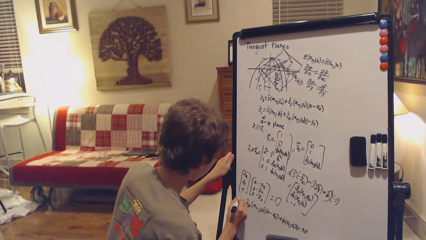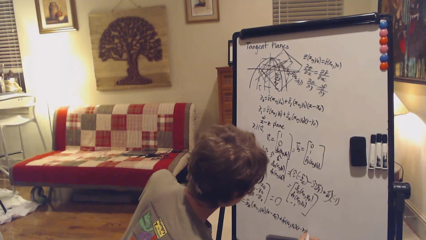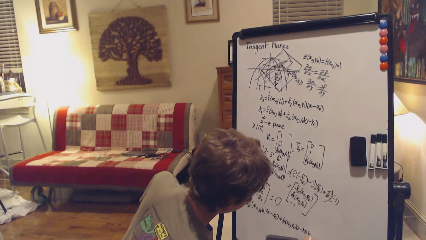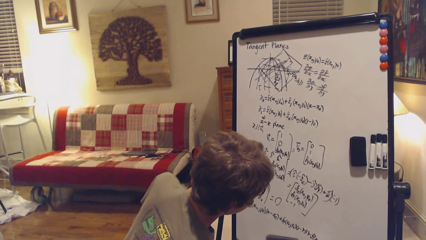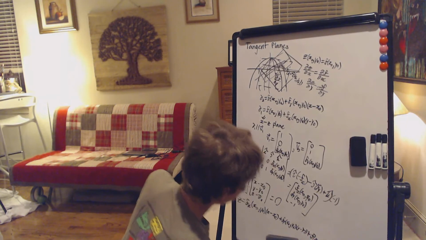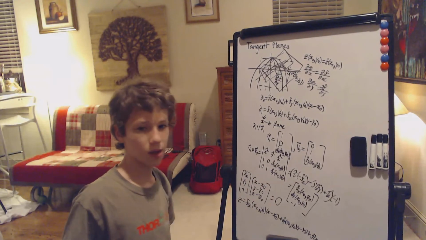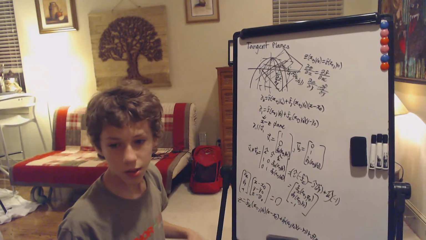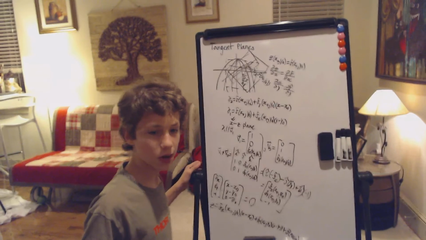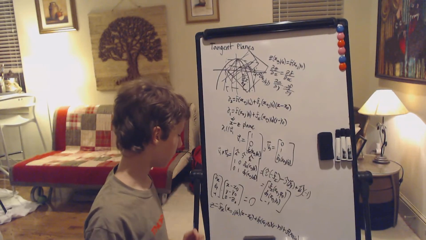So this is actually all equal to z. And then we'll just get a plus f of x naught, y naught. Right? Because our z naught is just defined to be f of x naught, y naught. So actually, this finishes our definition of a tangent plane.